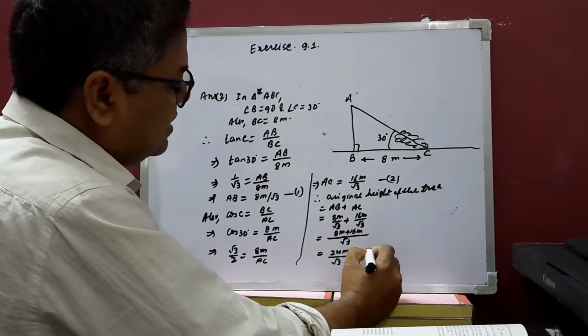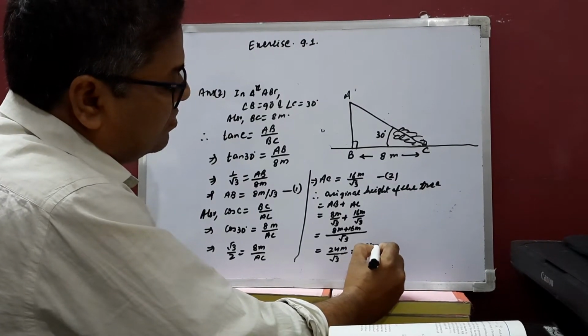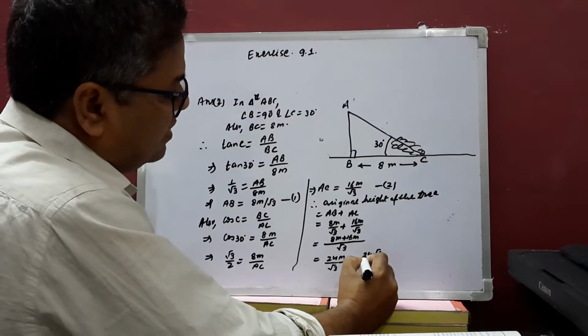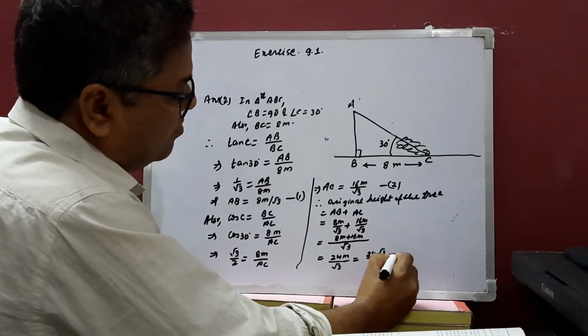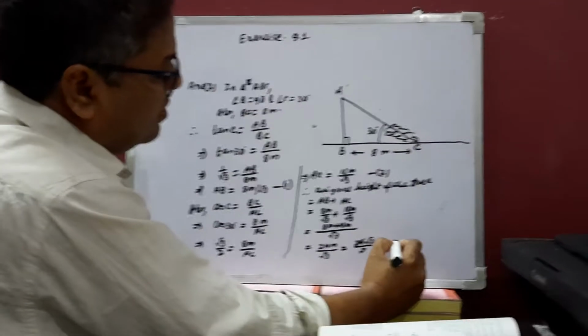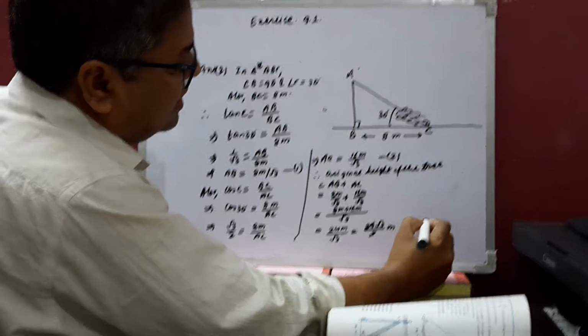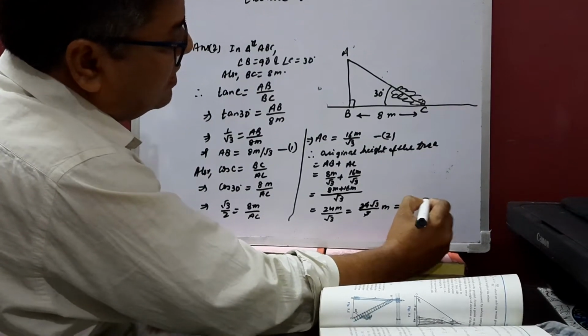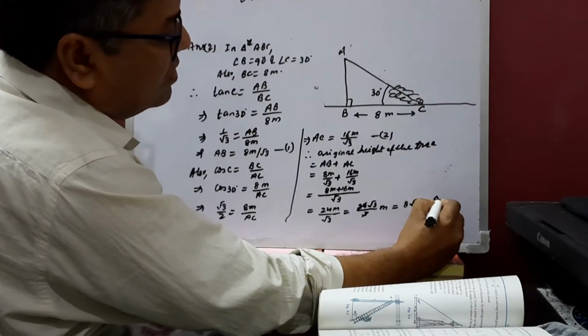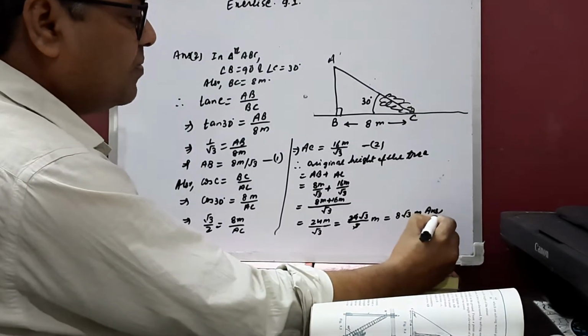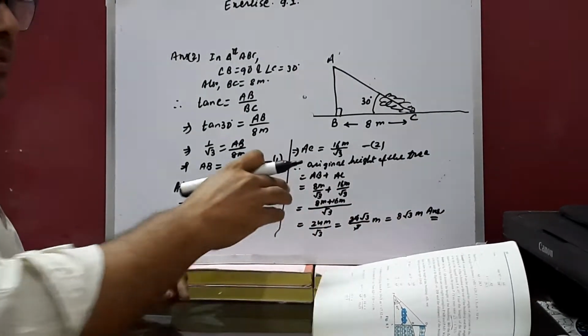After doing the rationalization, 24 root 3 by 3 meter, and this will be cut out, that is 8 root 3 meter. This is the original height of the tree. Okay, this is the final answer.